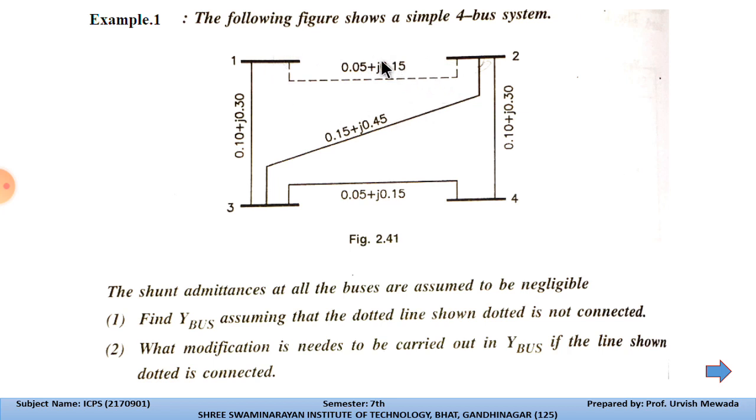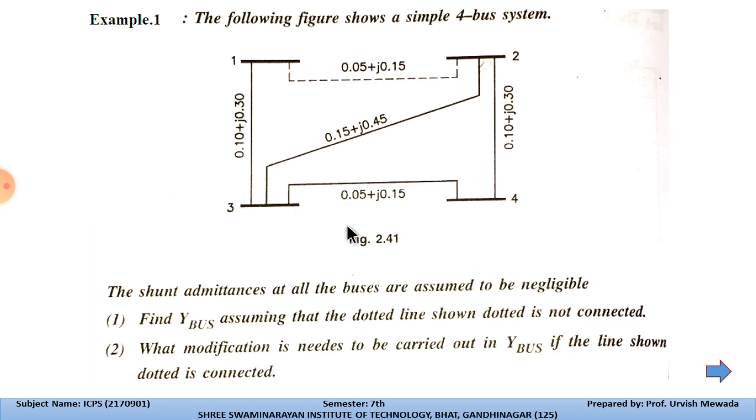The following figure shows the four bus system, and these are the line impedances written over here. You can see that between 1 to 3 the line impedance is 0.1 plus j0.30. Similarly there is a link between 1 to 3 and 1 to 2. The 1 to 2 link is initially not connected, then it will be connected, and then we will solve the circuit.